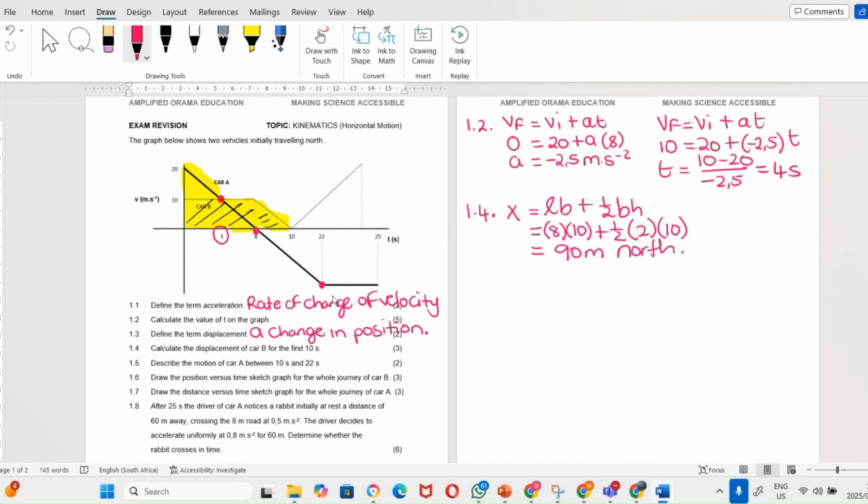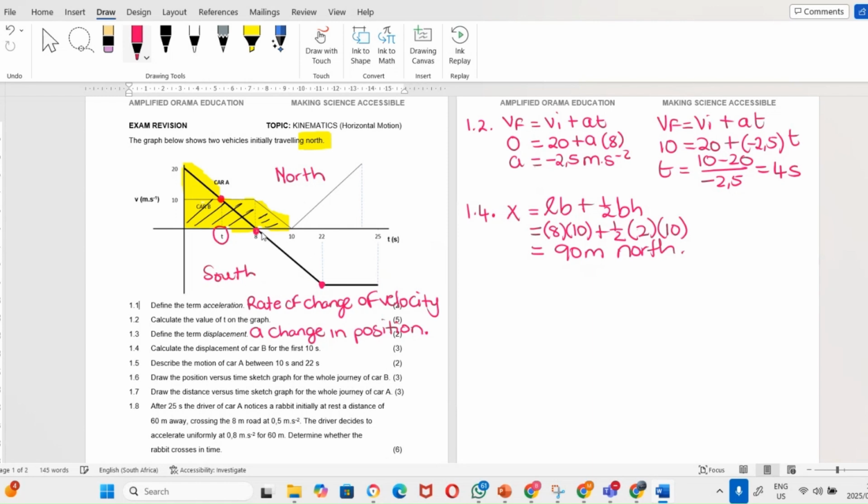Always remember that if the graphs are drawn above the x-axis and you were told that they are traveling north initially, it means that whenever the graph is above the x-axis, the objects are traveling north, and below the x-axis they are traveling opposite of north, which is south.